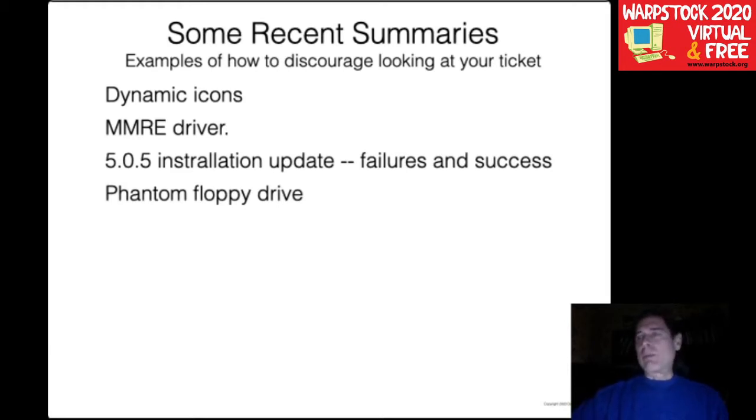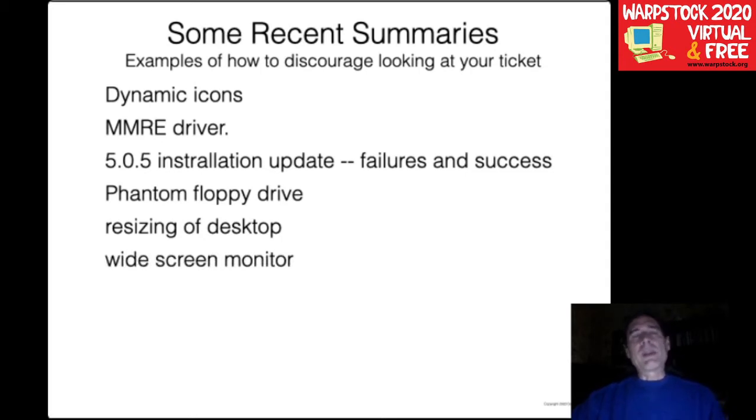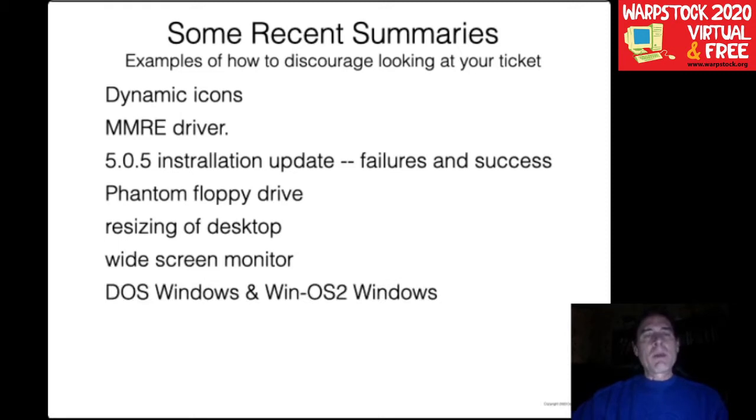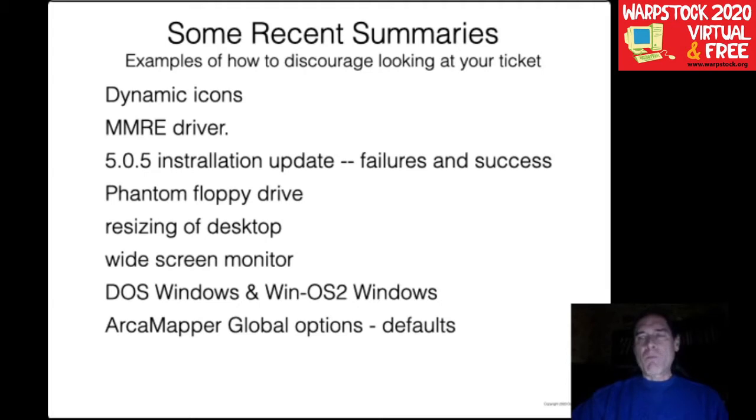Regardless, I don't see a problem here, so next ticket. Resizing of desktop. Whatever that is. Next. Widescreen monitor. Yep, we've got those. Next. DOS Windows and WinOS 2 Windows. Yep, we've got those too. Next ticket. ArcaMapper Global Options Defaults.